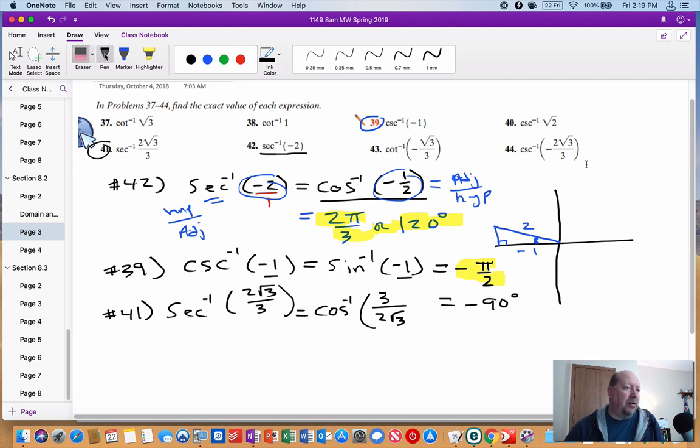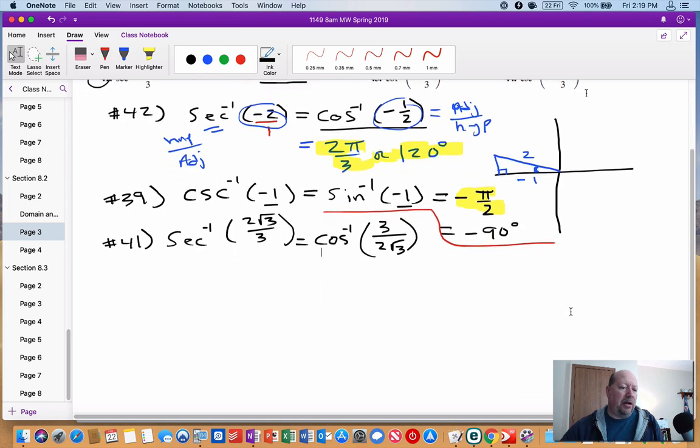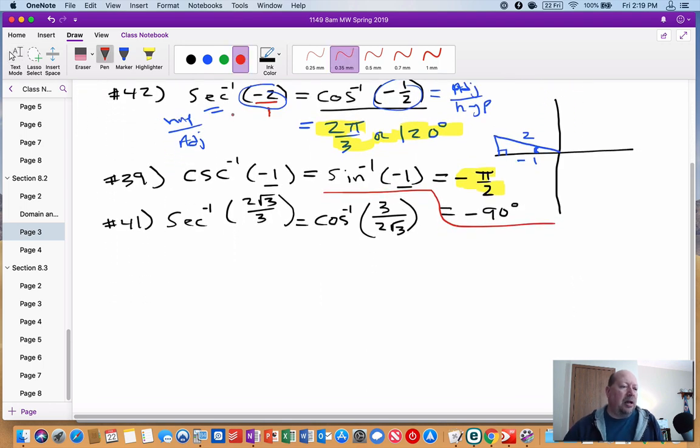Now we're going to have to move down to do the rest of that. And I want to separate this off from the previous problem so it doesn't get mixed up. Okay, so we'll move down here. And I can't leave that radical down there. So let's say this is equal to the inverse cosine of 3 over 2 radical 3, right? Let's rationalize that. Multiply by radical 3 over radical 3.